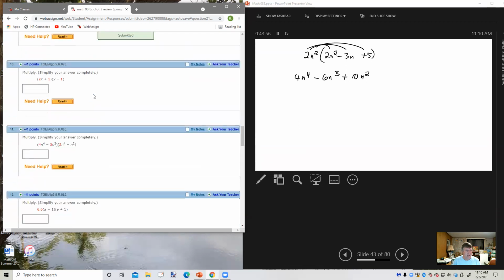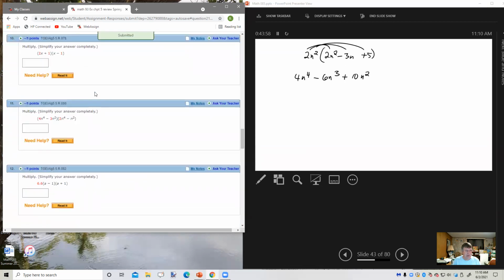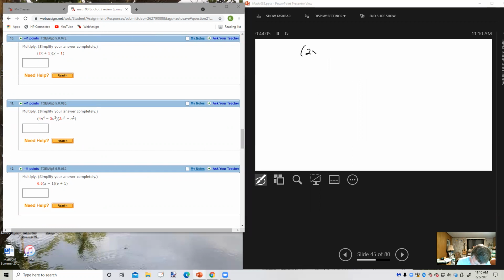All right. Let's do some foiling here. We've got 2x plus 1 times x minus 1. So 2x times x is 2x squared. 2x times minus 1 is minus 2x. 1 times x is plus x. And plus 1 times minus 1 is minus 1.